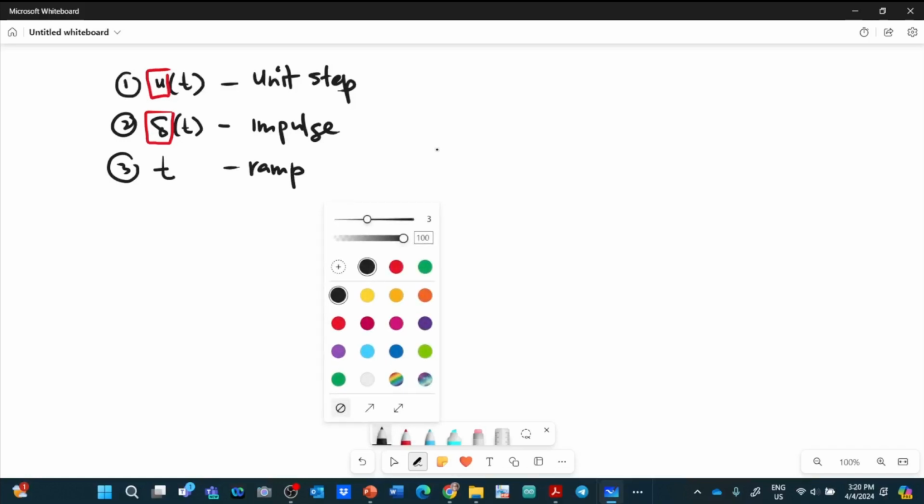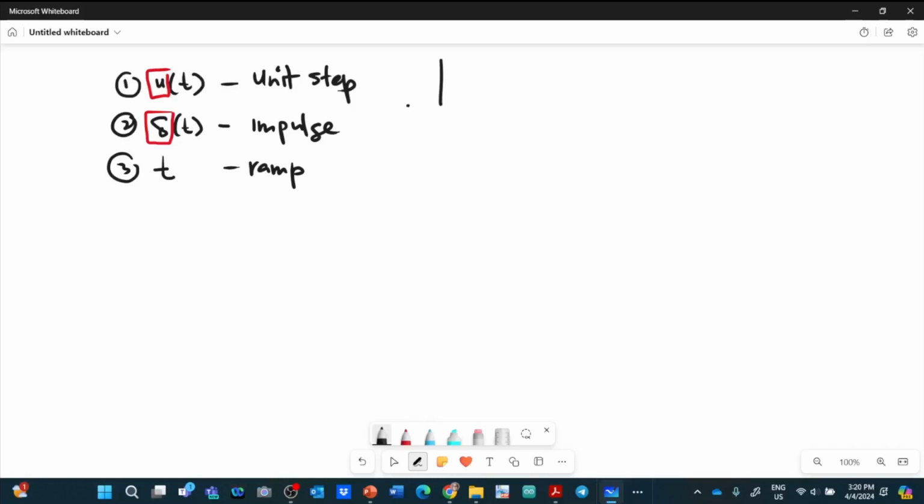How does a unit step input look like? Unit step input will have, this is T, this is UT. It will start from 0 until infinity with amplitude 1.